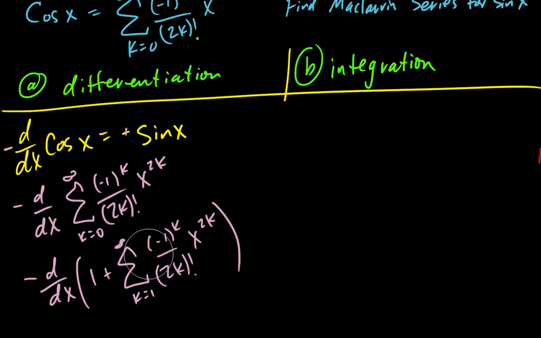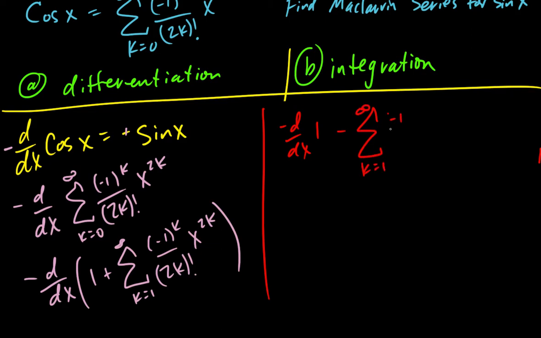Since we did that, now we're going to break it up into two derivatives. So we'll take the negative derivative of 1, and the first part of this summation is just a constant.